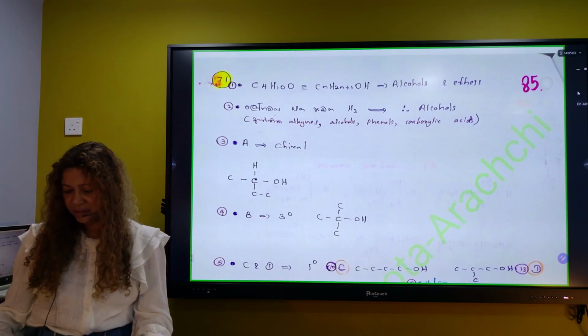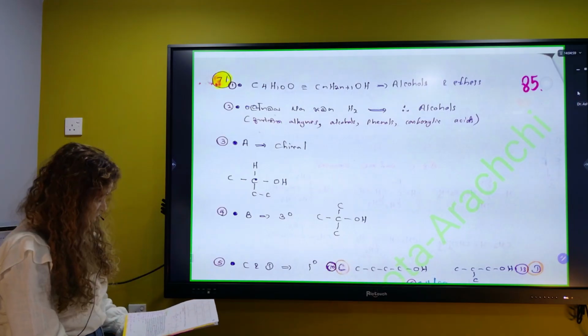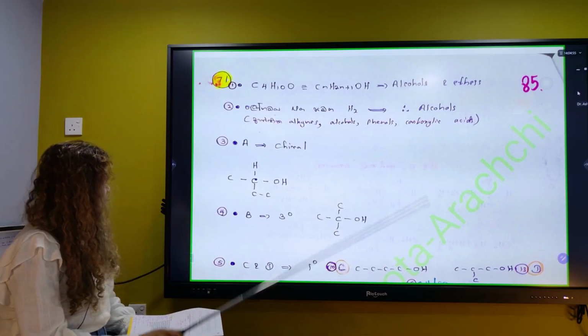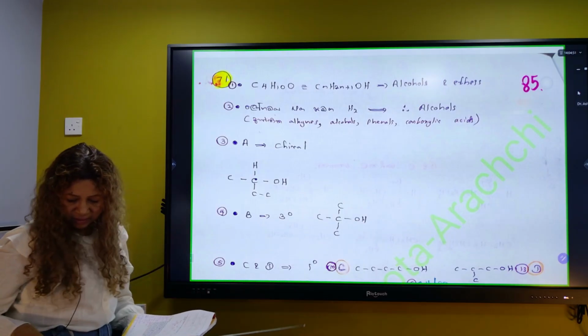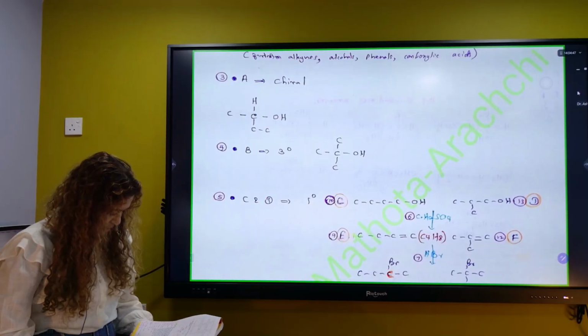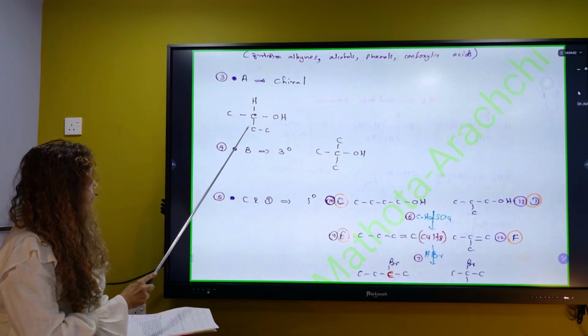C4H10O can be alcohols and ethers, and reacting with sodium to release H2, so this is alcohol, not ethers. And then they say A exhibits optical isomerism, so you can try A.